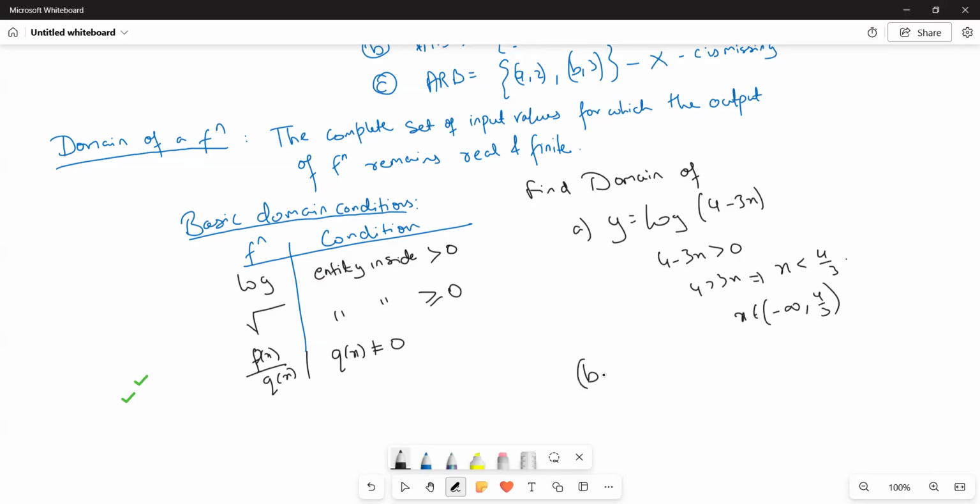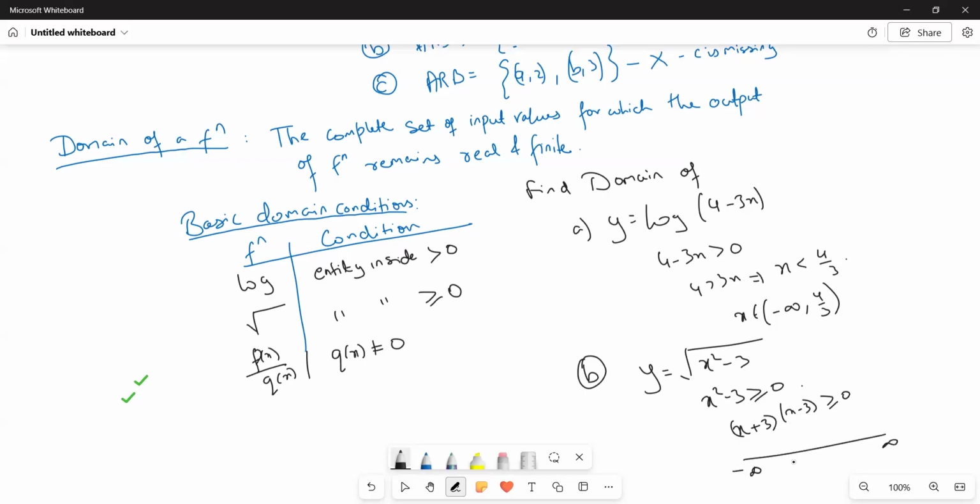ठीक है. Similarly, if we have to find the domain of something like this, root over of x square minus 3, तो इसका डोमेन का रेस्ट्रिक्शन क्या होगा? x square minus 3 must be greater than or equal to 0, which would imply (x plus √3) into (x minus √3), क्वाड्रेटिक इनइक्वालिटी है, must be greater than or equal to 0.